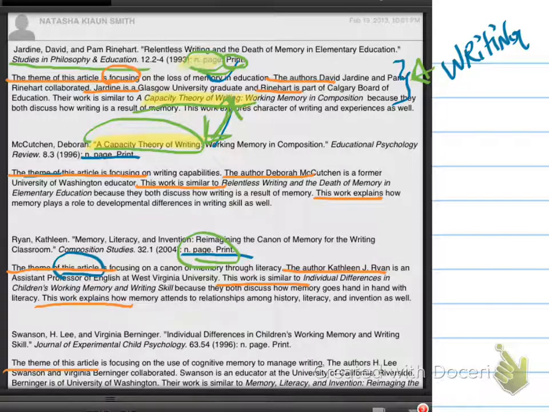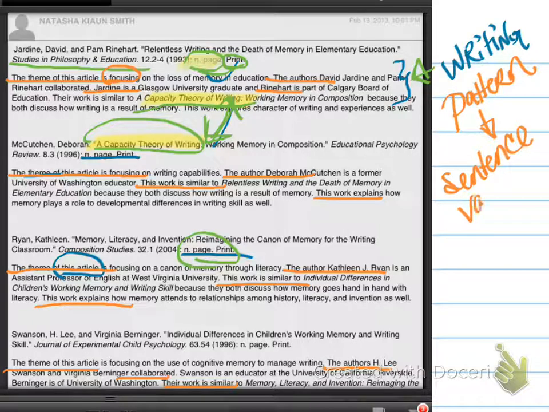The theme of this article, down below, the authors, Lee, blah, blah, blah, collaborated. Their work is similar. So I think you can see here what's going on. There's a real pattern, and it's like you've used a template, and a template's not evil, but some sentence variety would be nice. So think about that as you're revising.